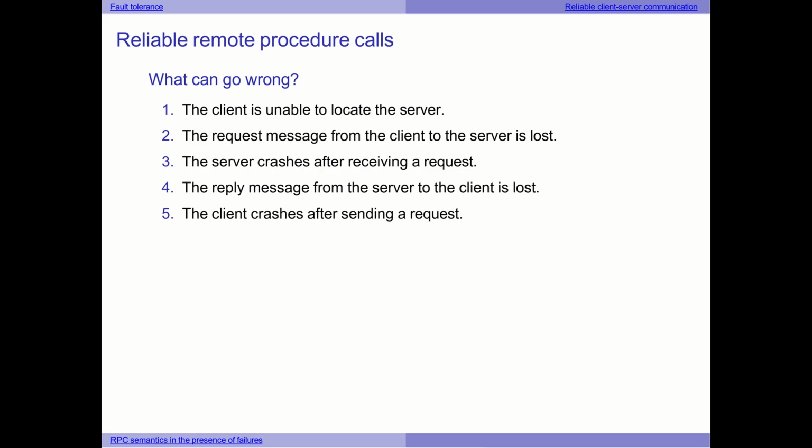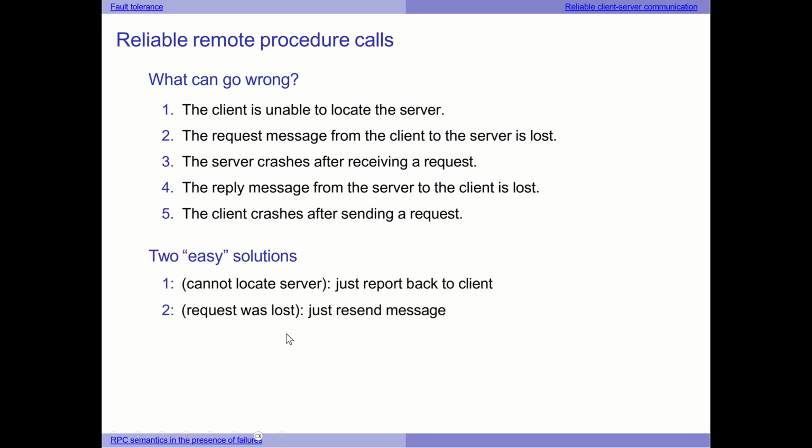So basically, there are two easy solutions, which is what commonly happens. For example, for the problem of not being able to locate the server, we can raise an exception and report it back to the client, and the programmer may write special procedures in the program that are invoked on specific errors.